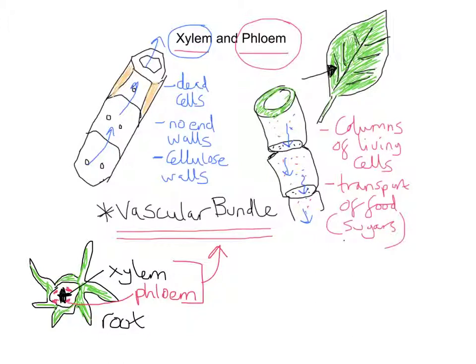So that's one. If we were to take a cross section of the stem itself, it might look a little bit like this. So we've got the outside of the stem here, again a very, very rough sketch.